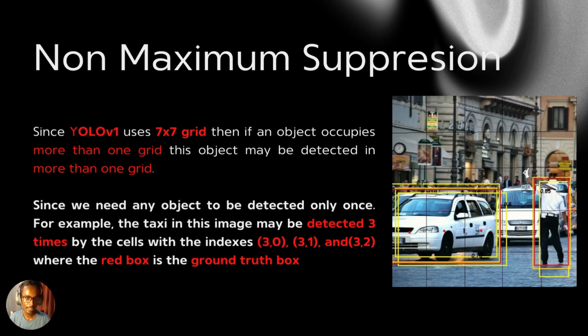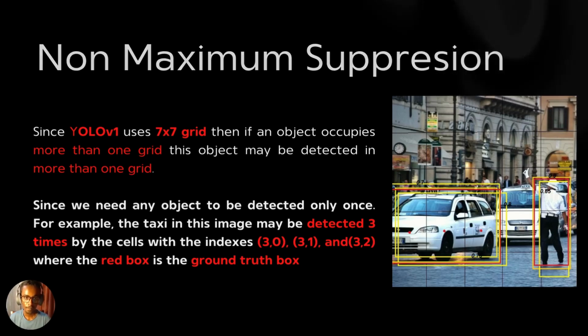Since we need any object to be detected only once, for example, the taxi in this image may be detected 3 times by 3 consecutive cells, which are 3,0, 3,1, and 3,2, where the red box is the ground truth box.